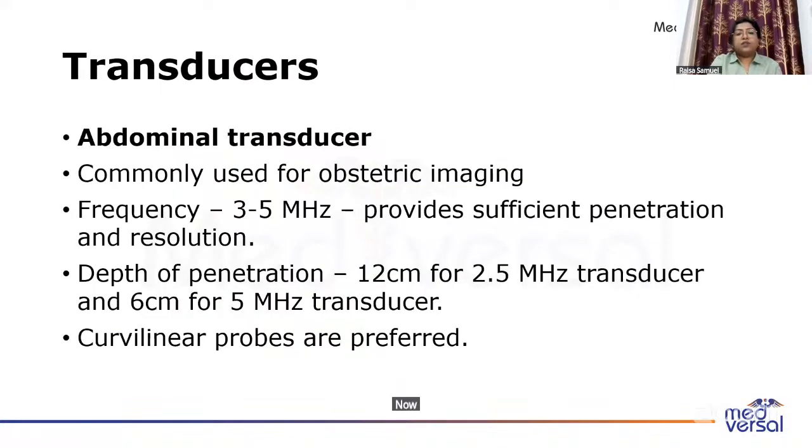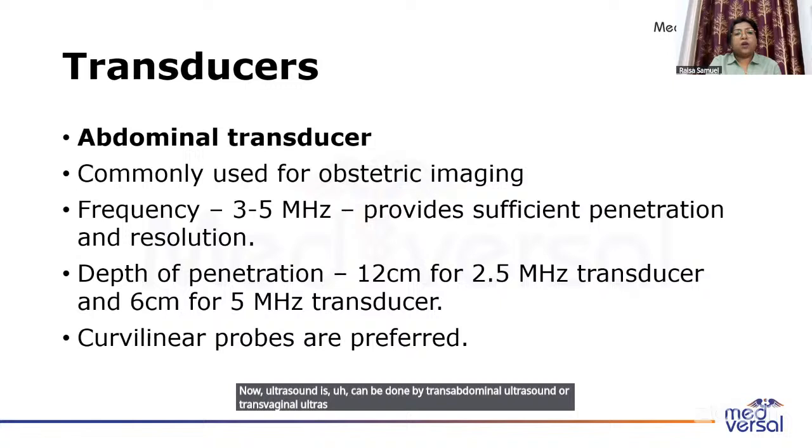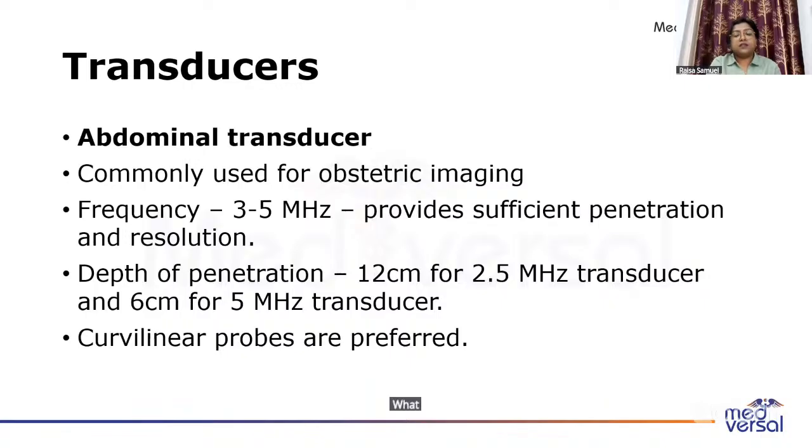Now, ultrasound can be done by transabdominal ultrasound or transvaginal ultrasound. Abdominal transducer is commonly used for obstetric imaging. Its frequency is about 3 to 5 megahertz, which provides sufficient penetration and resolution. What is the depth? It can go up to 12 centimeters for a 2.5 megahertz transducer and 6 centimeters for a 5 megahertz transducer.